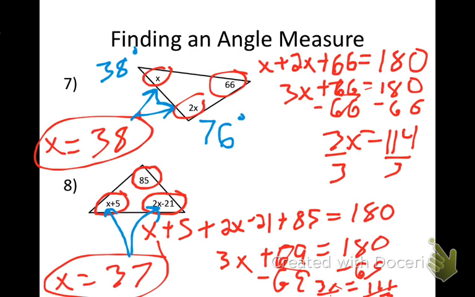So 37 plus 5 gets me what, Johnny? 42. Thank you, sir. 2 times 37 minus 21 is going to get me what, Austin? 53 degrees. And now I have my 3 angles, 42, 53, and 85. And if you were to add up all of those, they would get us 180 degrees. Again, knowing that theorem right there, triangles add to 180, is going to be big today.